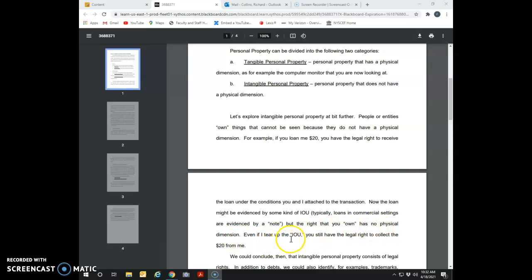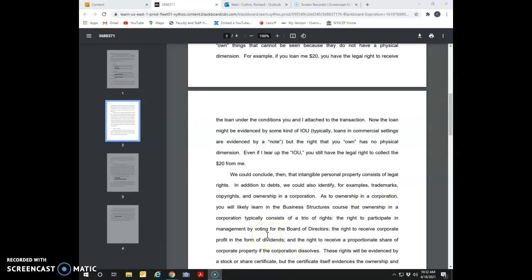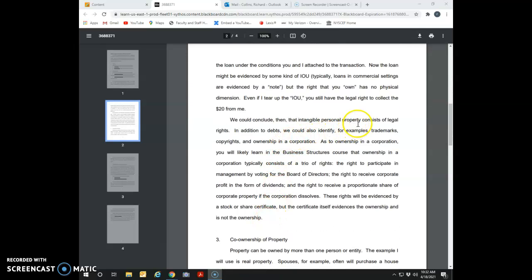Even if I sneak into your house and tear up the IOU, you still have the legal right to collect the $20 from me. And if we think about it, we can see that intangible personal property consists of legal rights. In addition to a debt, we could identify trademarks, copyrights, and ownership in a corporation.